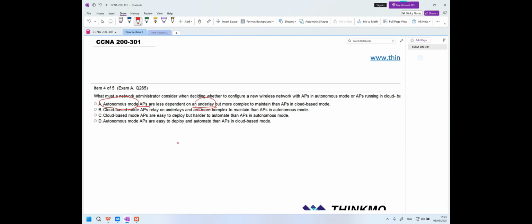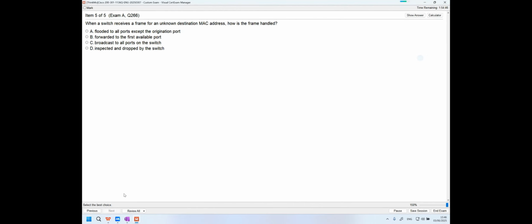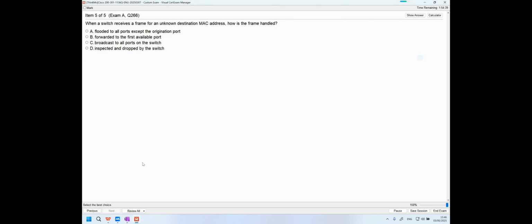However, compared with the cloud model, it is more difficult and time-consuming to maintain, right? Cloud mode is easier to maintain. The correct answer is A. So we won't look at the others. All right, next question.